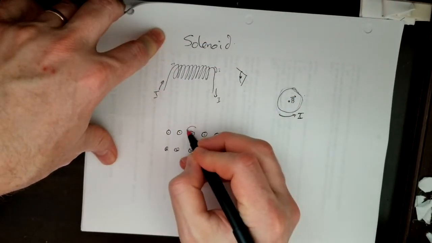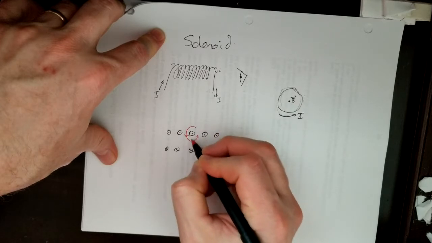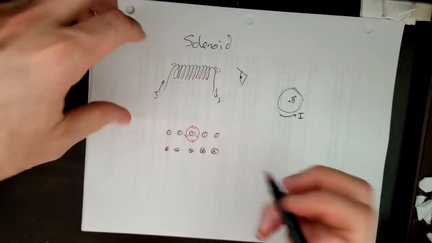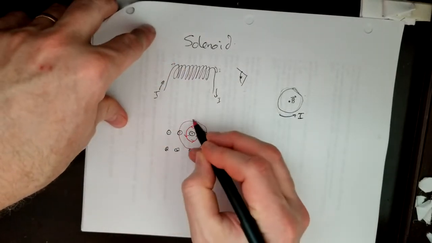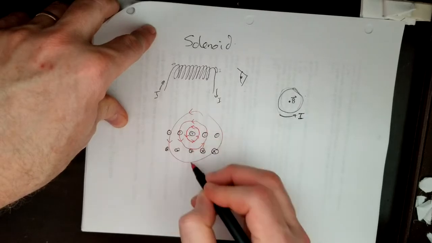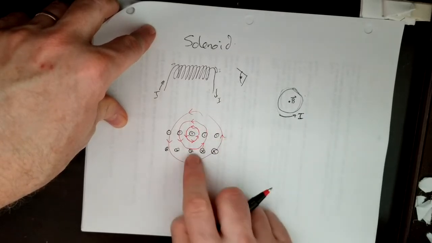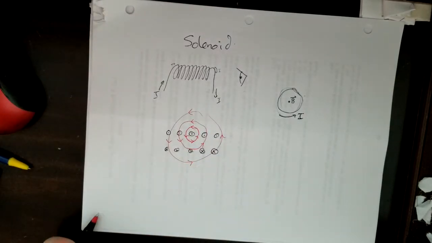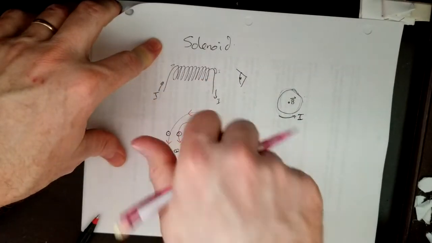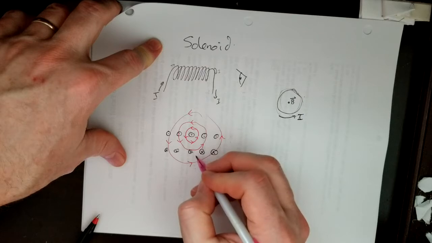So if I look at just that one, it creates one going around like that. But it's not just localized to that, it spreads out. So I've got one going that way, and then one going that way. The wires down here also are creating a magnetic field. That current is flowing in, and so this one's going clockwise.